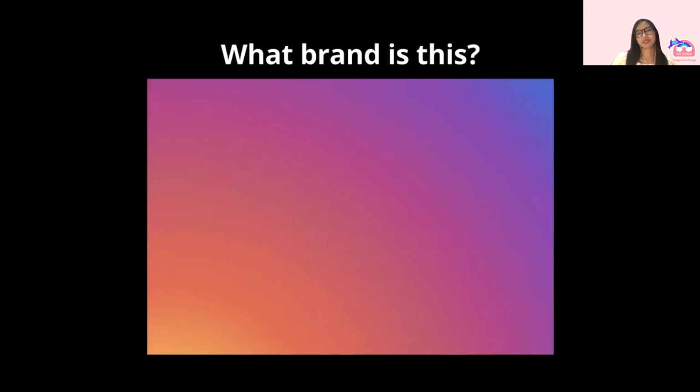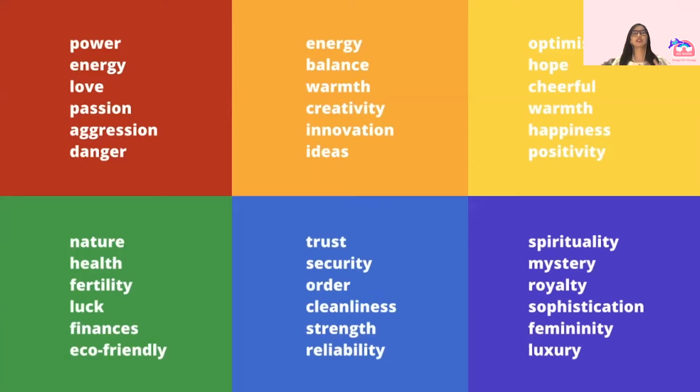And then this one. Aside from just solid colors, you can also have gradients, and this yellow to pink and purple gradient is associated with Instagram. So that's what I meant with colors having powers or having messages, is that even if you just see it, you already have something in mind.